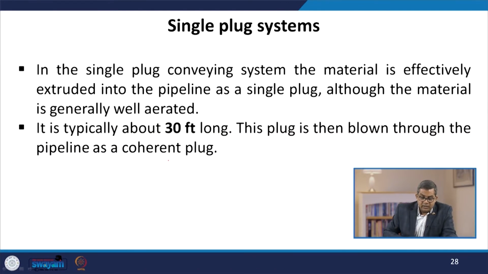Now, let us talk about the single plug system. In a single plug conveying system, the material is effectively extruded into the pipeline as a single plug. Although the material is generally well aerated, the plug is usually 30 feet long.